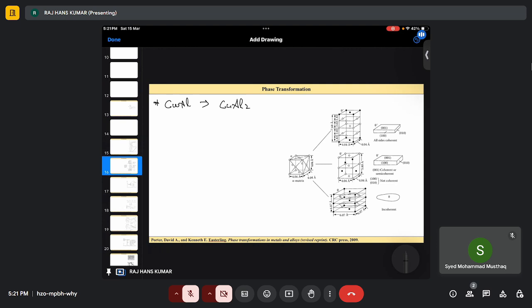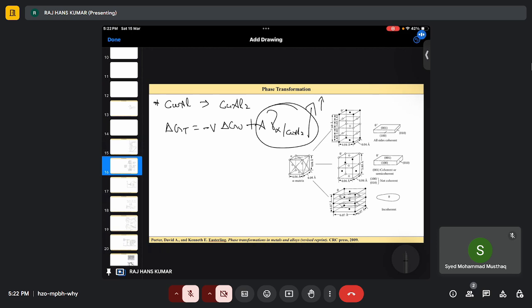It has a totally incoherent structure. That means there is no matching between our alpha phase and our precipitate. So delta G equals minus V delta G_V plus A gamma alpha-theta. And because it is totally incoherent, this whole interfacial term will be a much higher value when compared to the volume term.